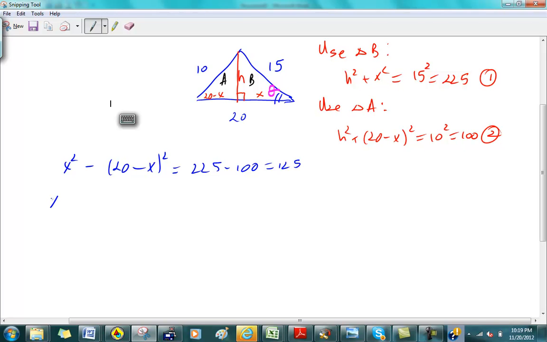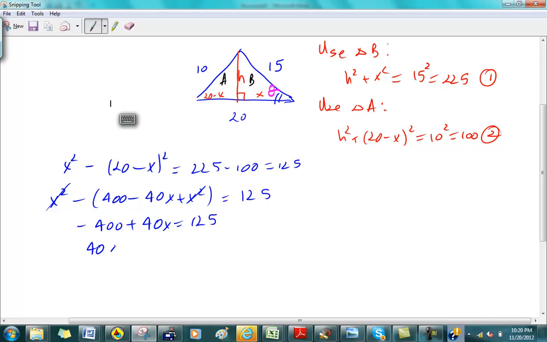And if I FOIL the parentheses here, I get 400 minus 40x plus x squared, which is equal to 125. The x squareds will cancel, and that leaves me with minus 400 plus 40x equals 125.